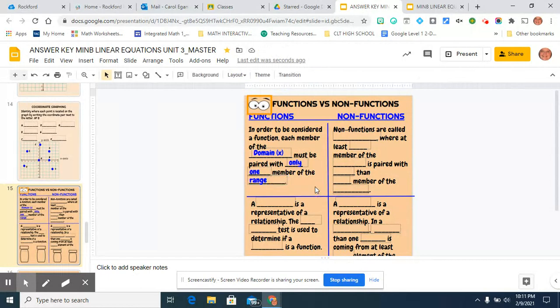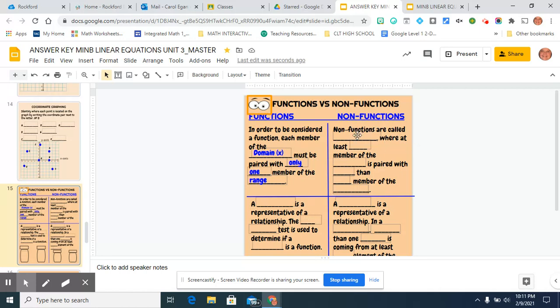So if I have an x of 2, it can be paired with 3, but it cannot also be paired with 4. The range number can be the same over and over. So I can have a domain of 2 paired with a range of 4, and a domain of 3 paired with a range of 4.